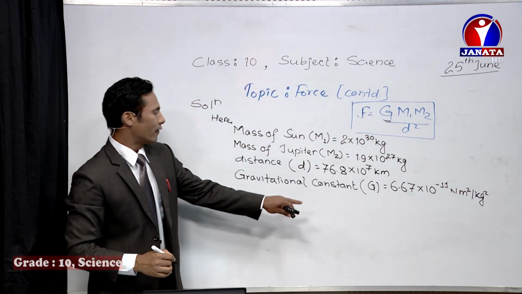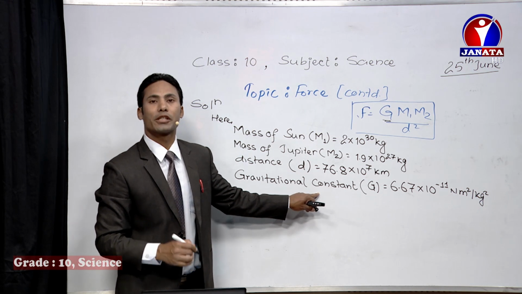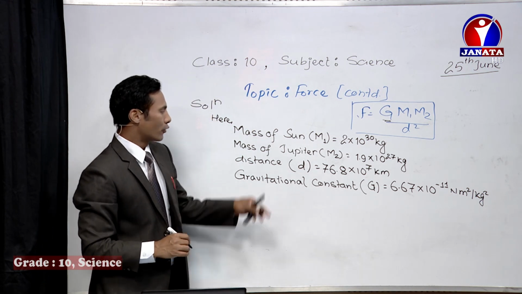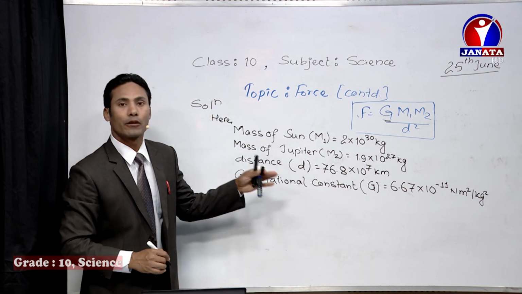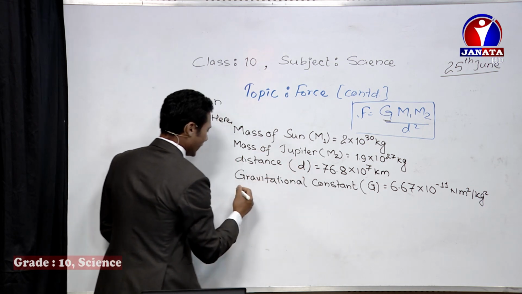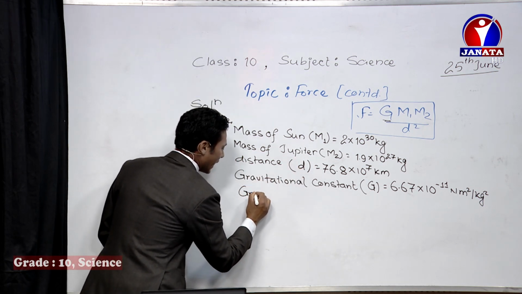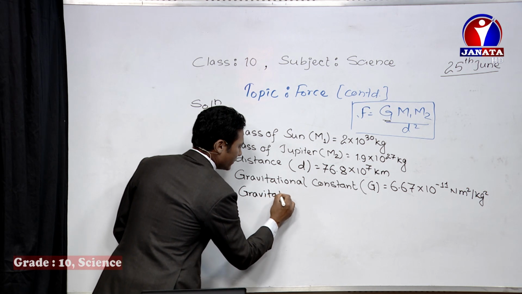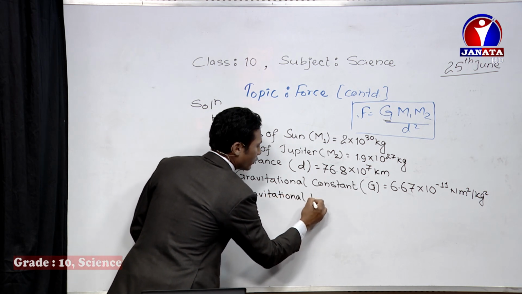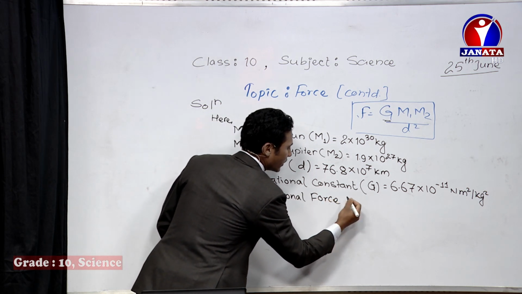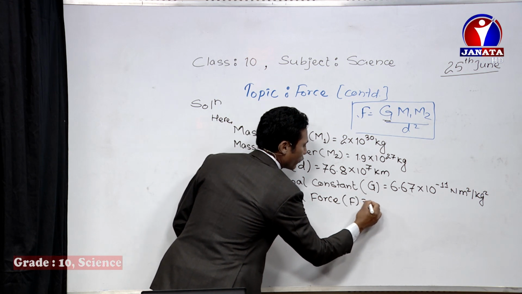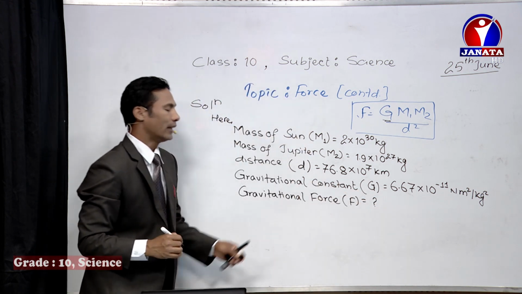So this is the value of G, which we discussed previously, right? This is what is given in the question. Now what we have to find here is the gravitational force, capital F equals what? We need to find this.